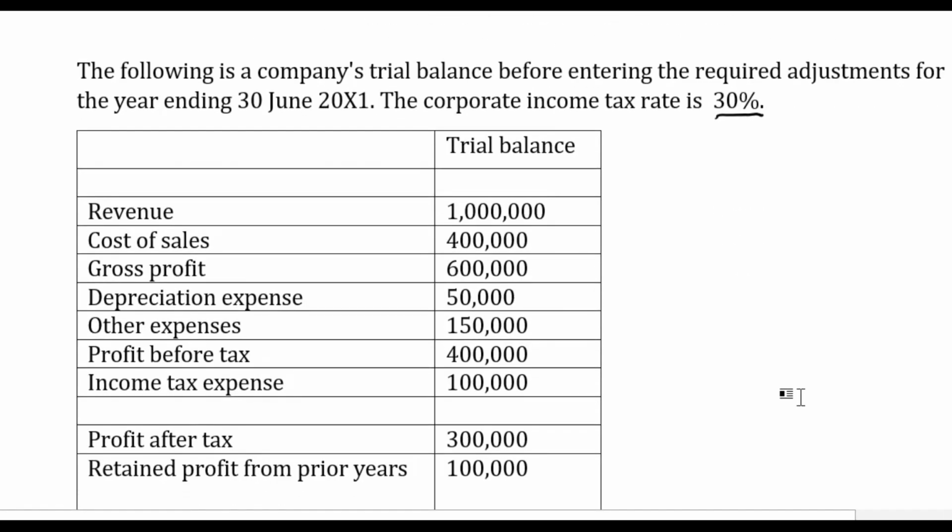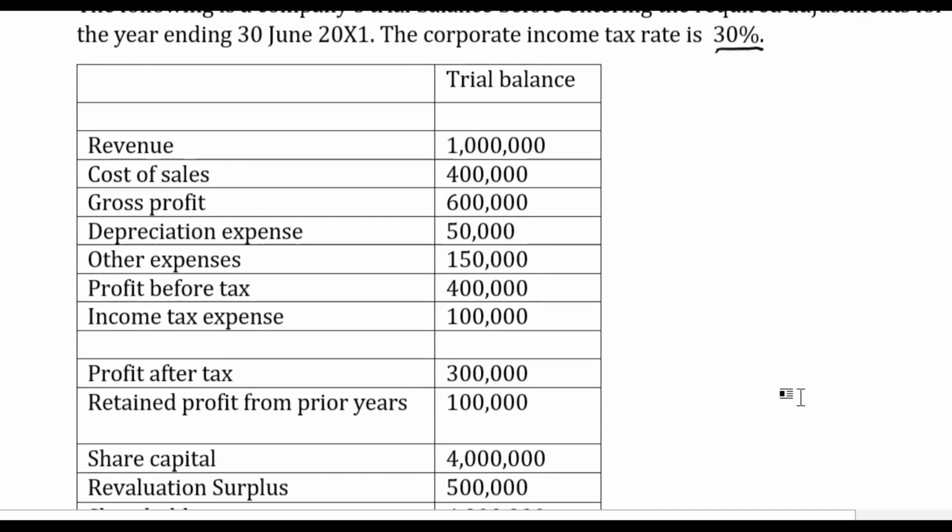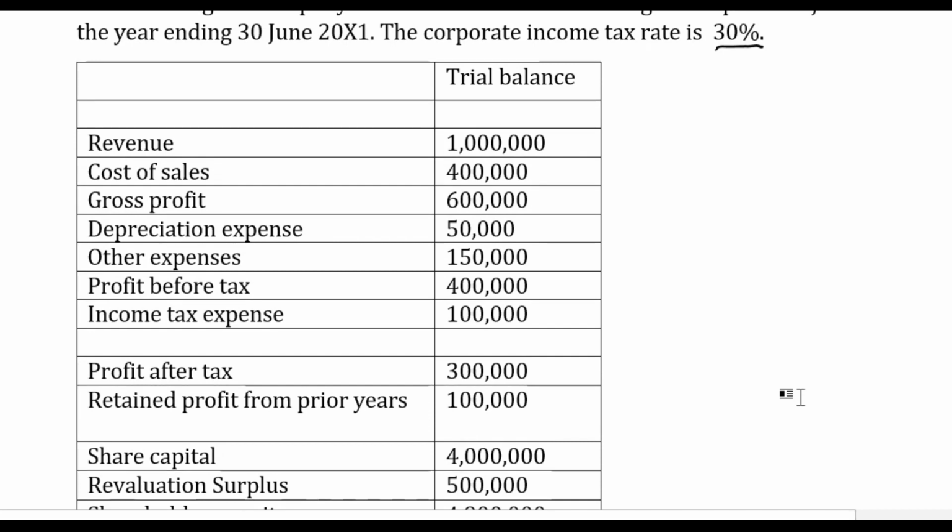The trial balance shows the income statement items: revenue, cost of sales, and the gross profit format, and two expenses: depreciation and other expenses, then the profit before tax, income tax expense, and a consequent profit after tax.